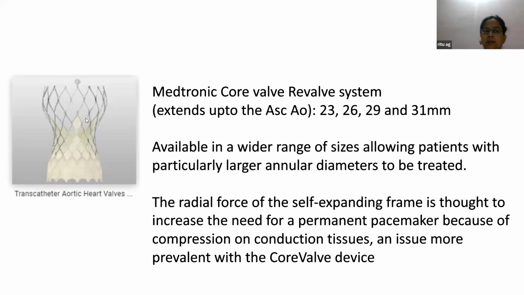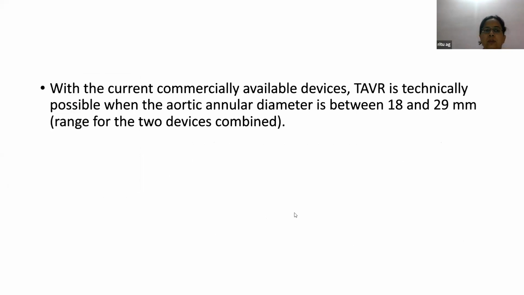But the drawback is a possible conduction issue. Technically, TAVR can be used when the aortic annular diameter is between 18 and 29 mm, combining all the devices and all the models available.